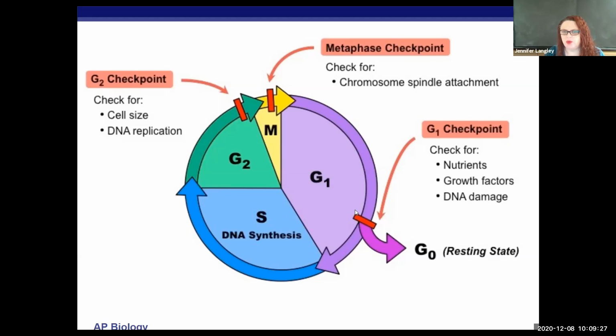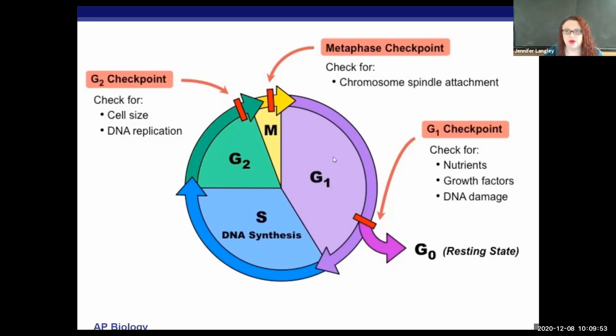At checkpoint G1, we see, does the cell have all the nutrients it needs to be able to divide? If it doesn't have enough nutrients, then when it divides, the 2 new cells will both die. That's a waste. Why do division if they're just going to die? That's a lot of energy wasted.